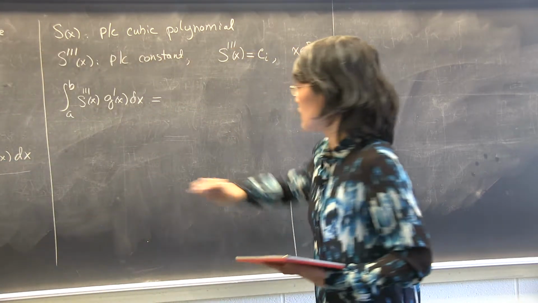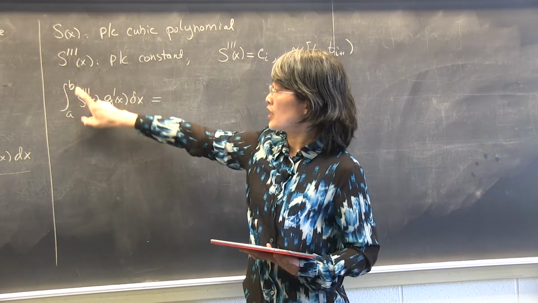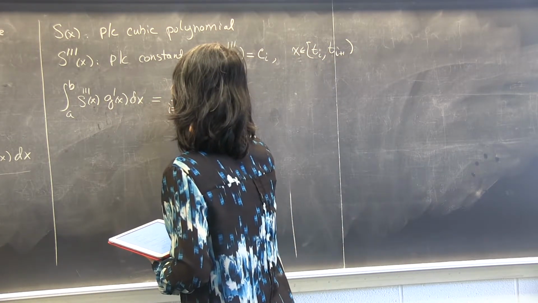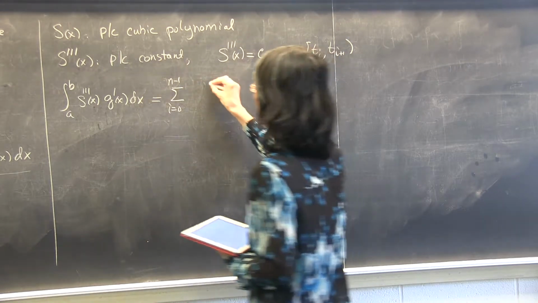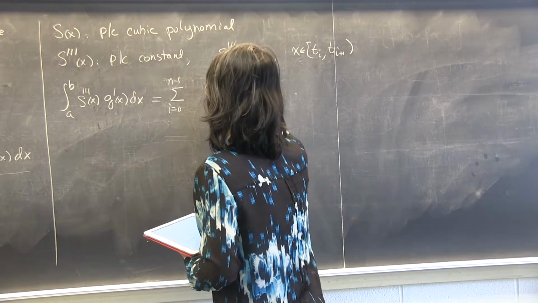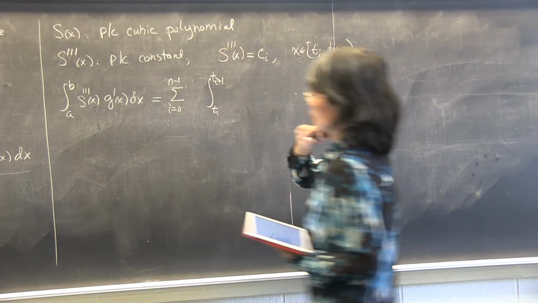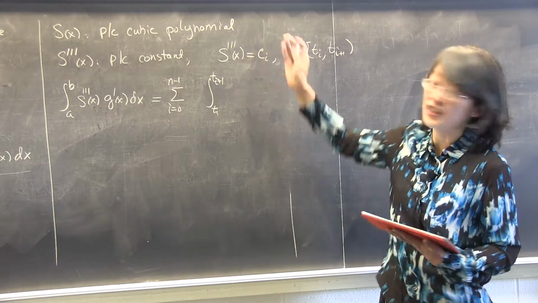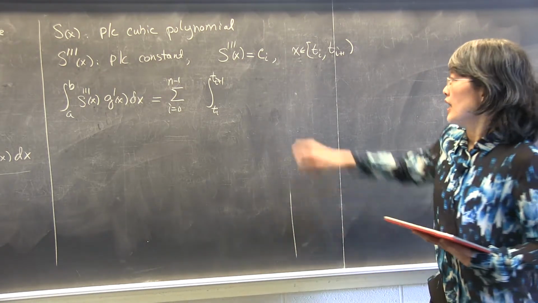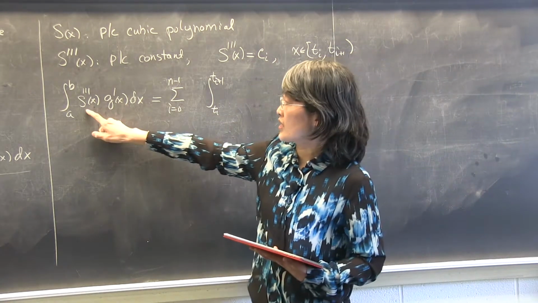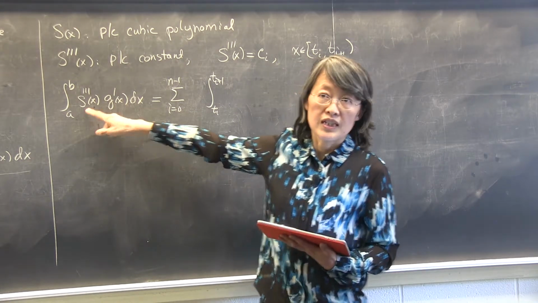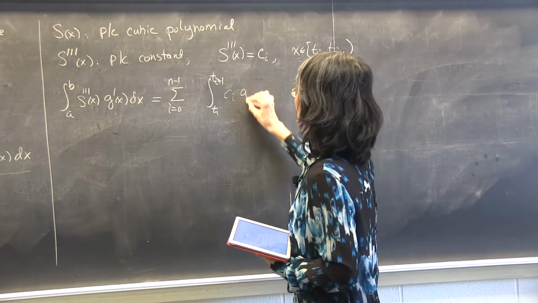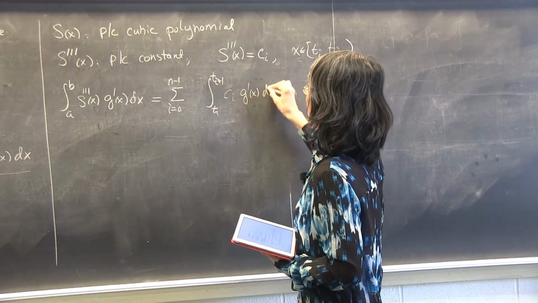So I break this integral from a to b into a summation, i from 0 to n minus 1, over each interval ti to ti plus 1. You can integrate each subinterval, then add them up at the end. And then on each subinterval, what is S triple derivative? It's a constant. It would just be ci, is that right? Times g prime of x dx.